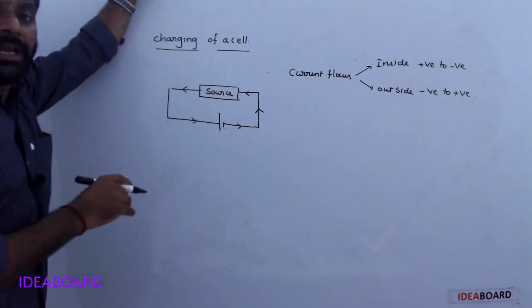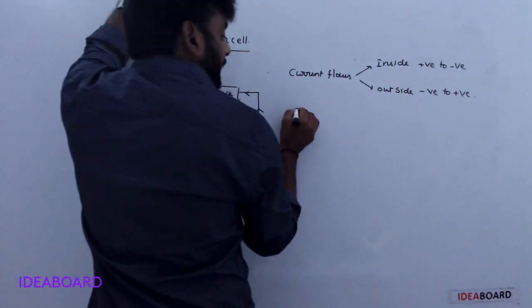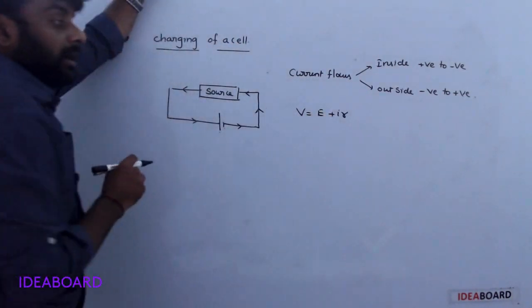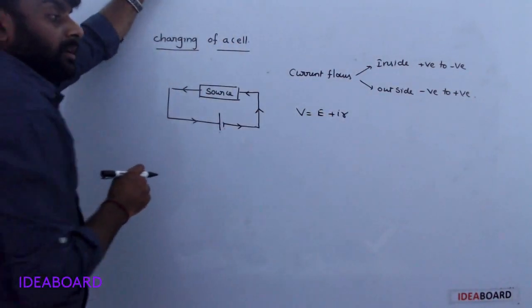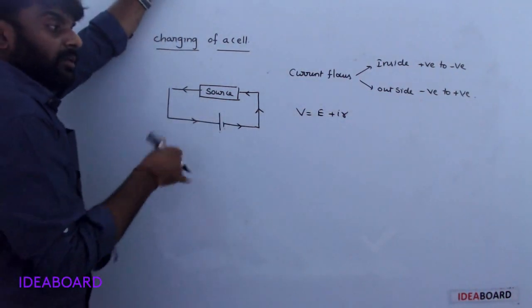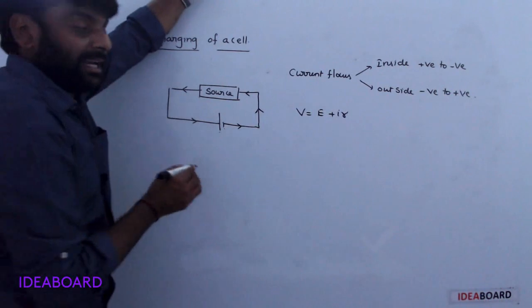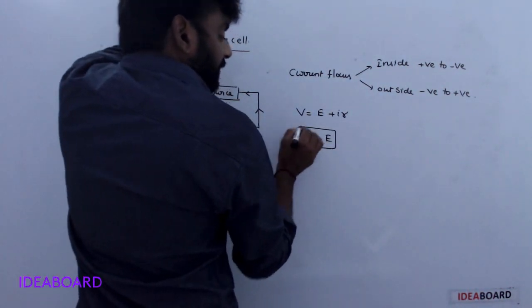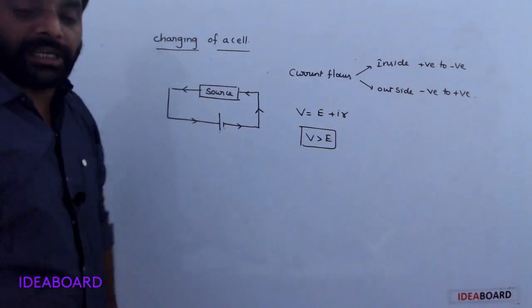Here V is equal to E plus Ir. That means terminal voltage is equal to E plus Ir. In this case, V is greater than E.